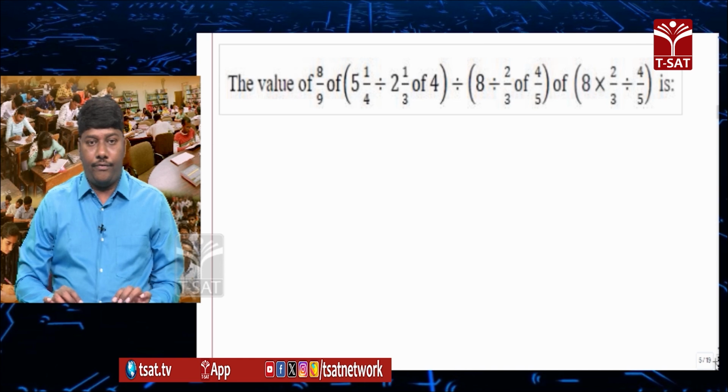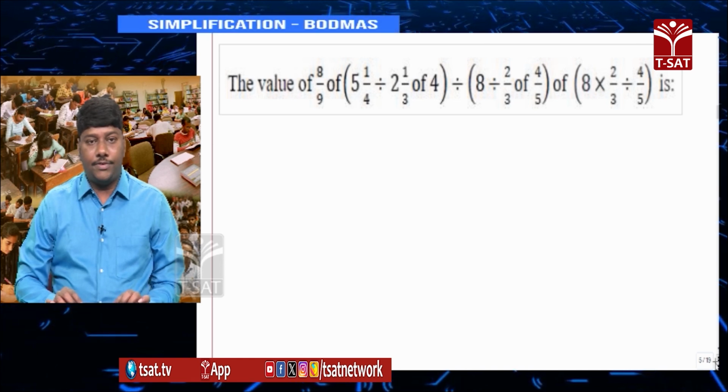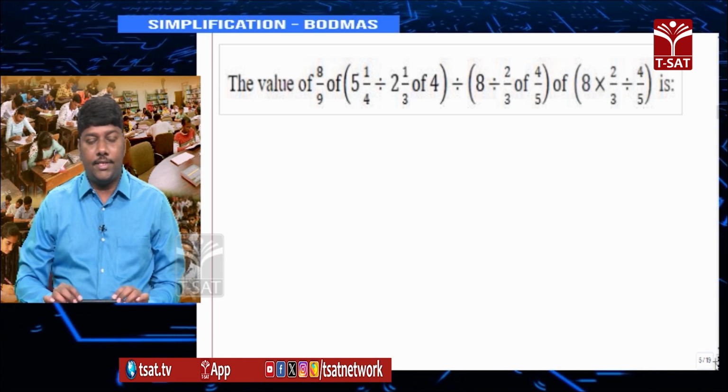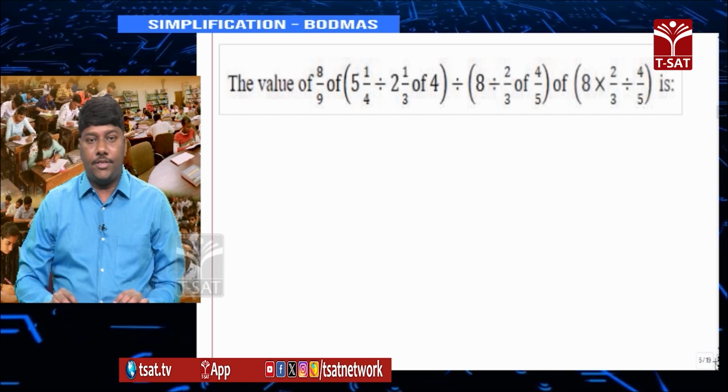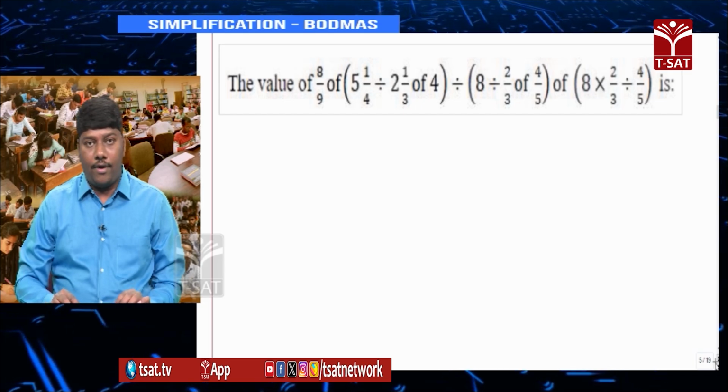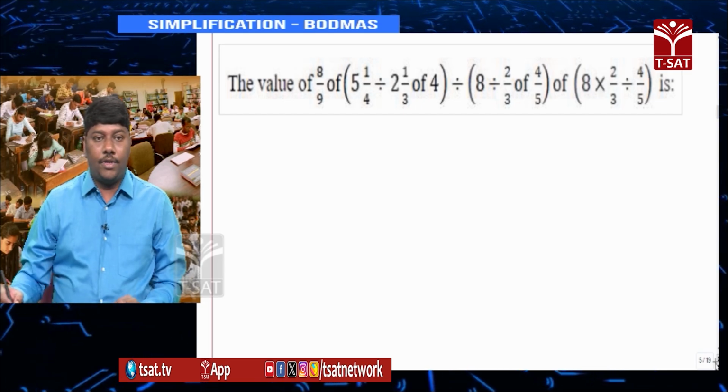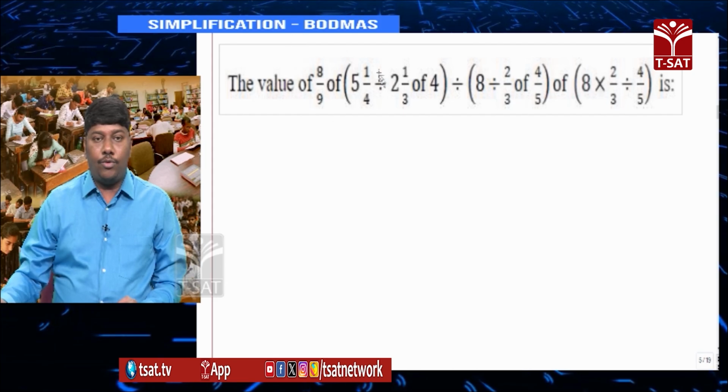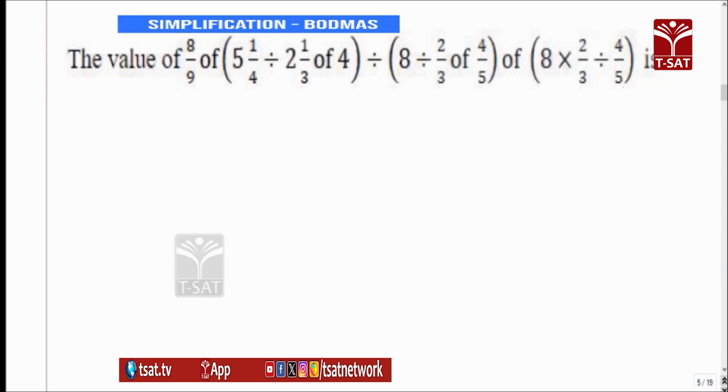The value of, again you have 3 brackets. First, simplify the things which are inside the braces. Inside the braces also your priority goes to of, then after division. So, first give priority to of. Solve 1 by 1.